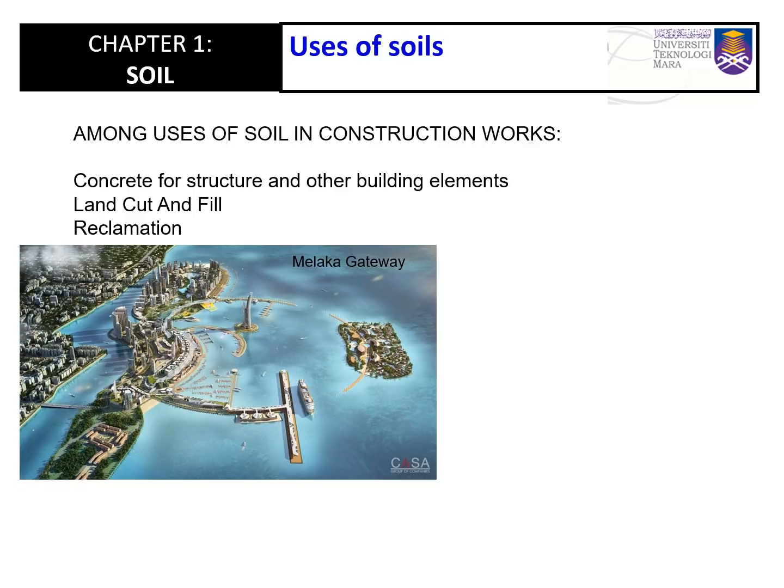So what they do is they transport soil from different places, and if you can see in this picture, Malacca Gateway, so they make like Dubai palm, Jumeirah palm, they have the shape of palm tree.